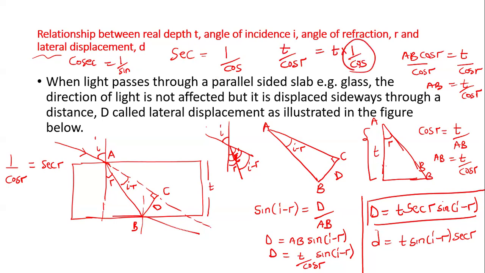So this 1 out of cos is the sec. So whenever they ask you for the lateral displacement, that's how you do it.